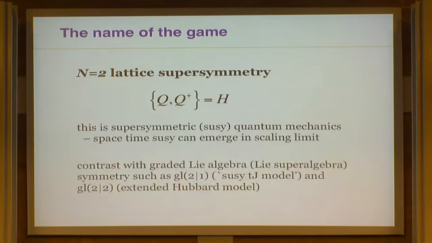Now, just as a disclaimer, sometimes in condensed matter, people speak about supersymmetric t-J, supersymmetric this and that. That's different stuff. Those are lattice models which have, let's say, a Lie superalgebra symmetry. So there are some symmetries that look like my Q's and Q daggers, but if you anti-commute those, they simply give you another symmetry, some SU(2) or whatever, rather than the Hamiltonian.